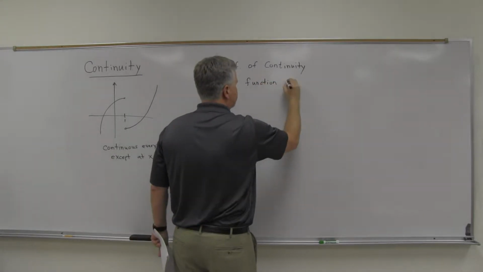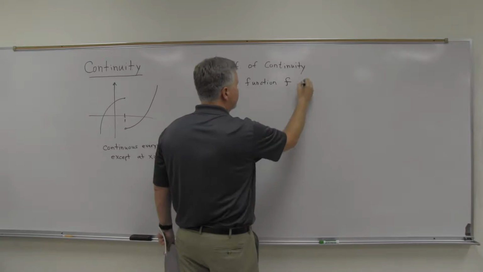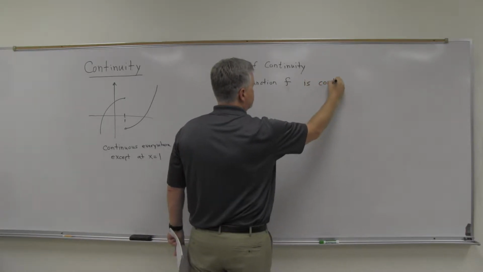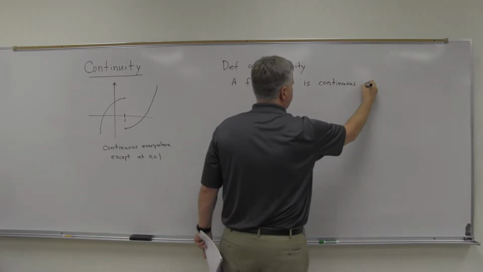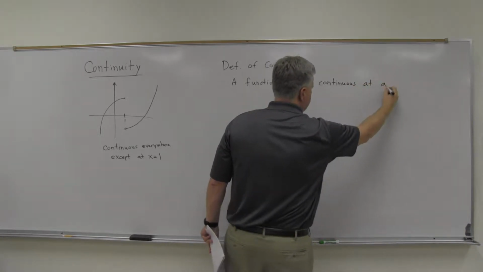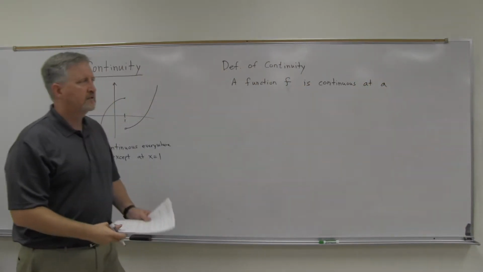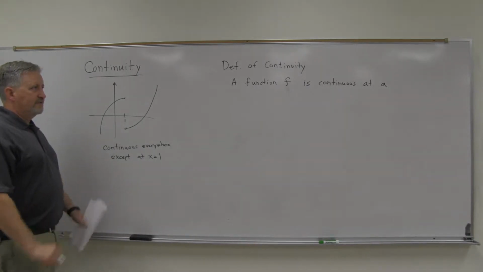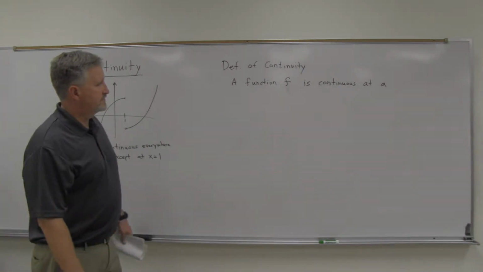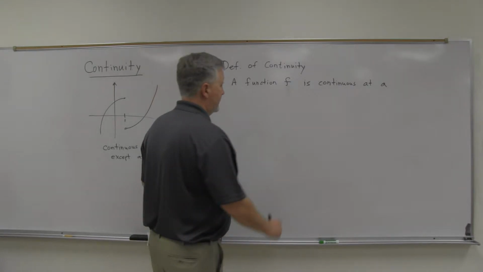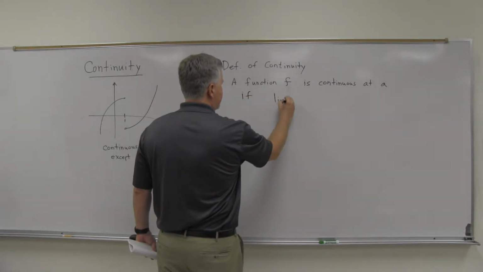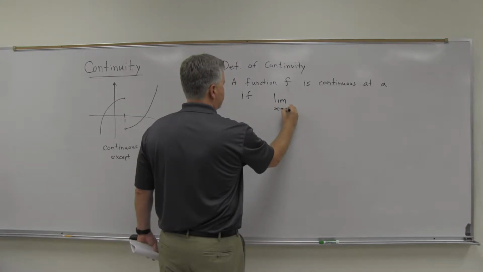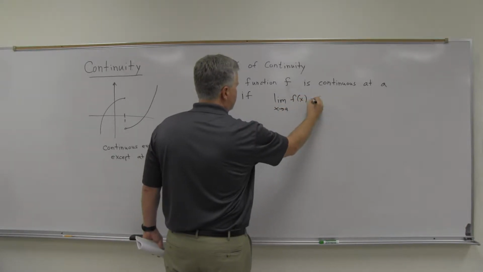A function f is continuous at a. a is just a general value of x, we're going to call it. So a function f is continuous at a if the limit as x approaches a of f of x equals f of a.